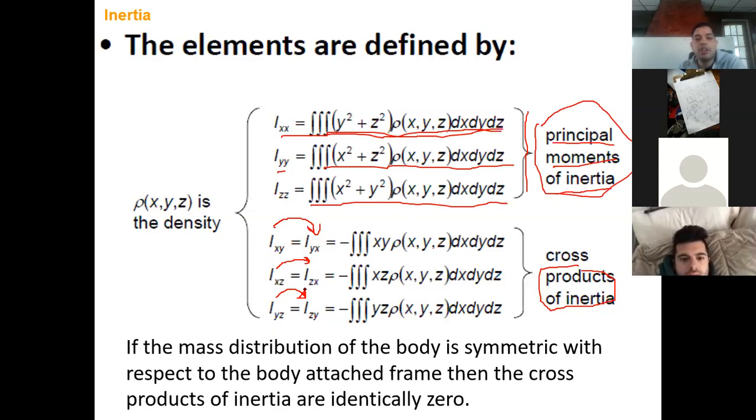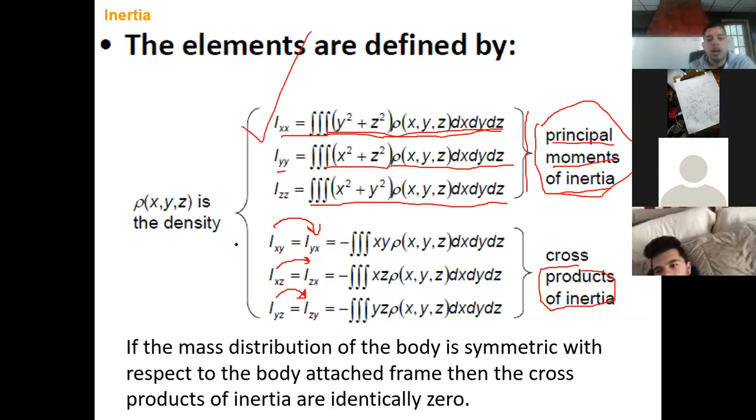In total, we had 9, so 3 here and 6 here. Out of 6, since they are related, we can just calculate 3, and the others are exactly the same. Ixy equals Iyx, and so on. And this is the formula for finding those products of inertia.